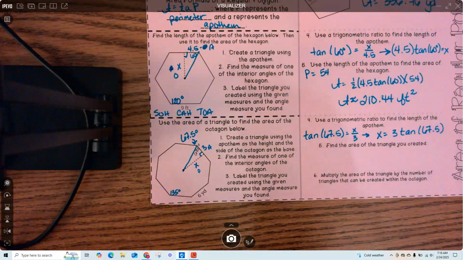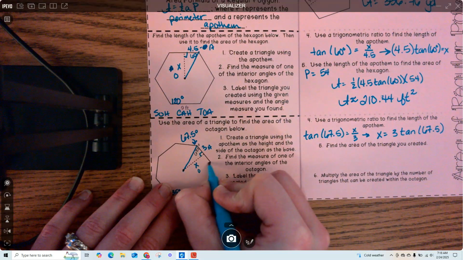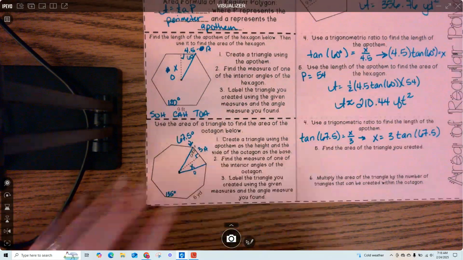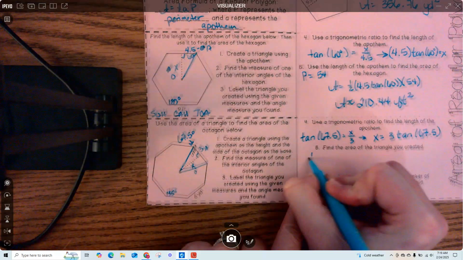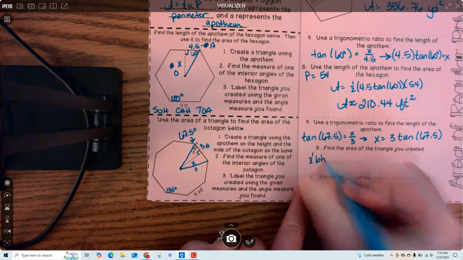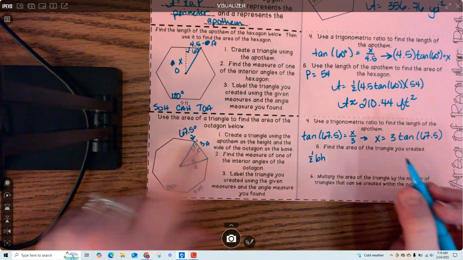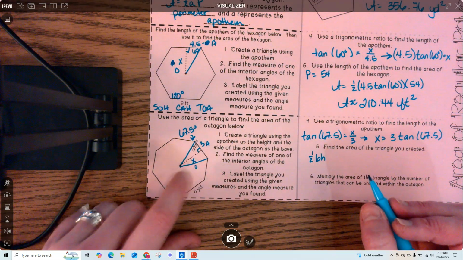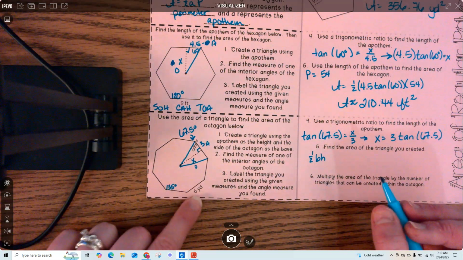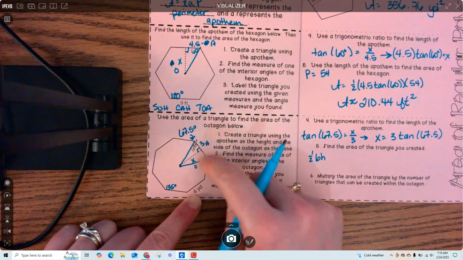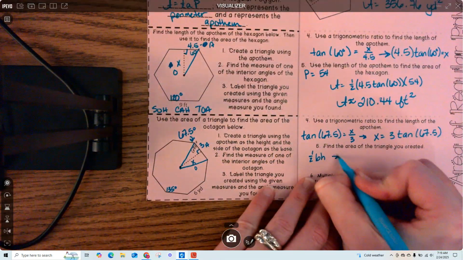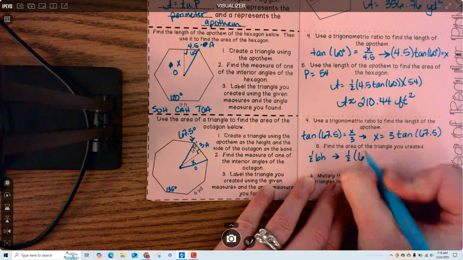So what I'm going to do is extend this triangle out like this. Okay? Area of a triangle is 1/2 base times height. So the base here is going to be 6, all the way across. So see the new triangle that I drew? The base is one whole side. So 1/2, base is 6.